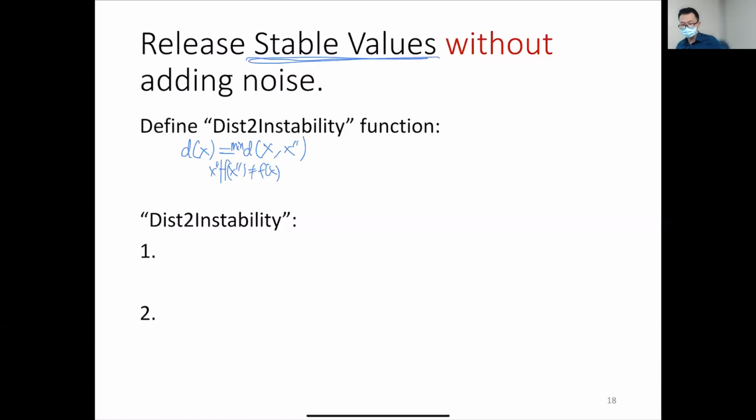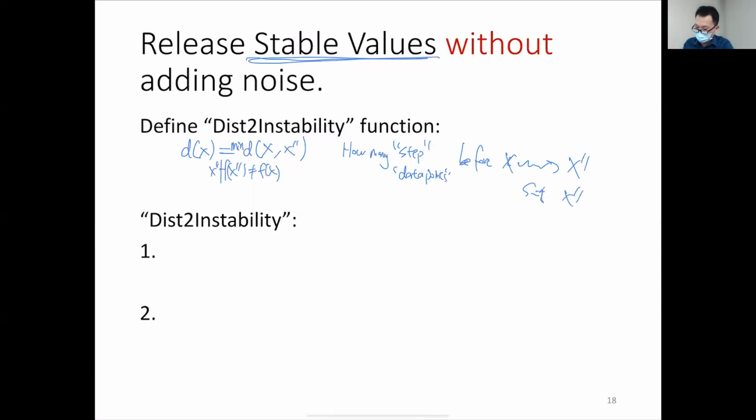So this measures how many data points you have to add or remove from X in order to obtain, yeah, this is somewhat tricky, so pay close attention. This means how many data points you need to add or remove before X can be made into X double prime, such that X double prime's output is different from f of X. So f is a query that we want to release, some function of the data.